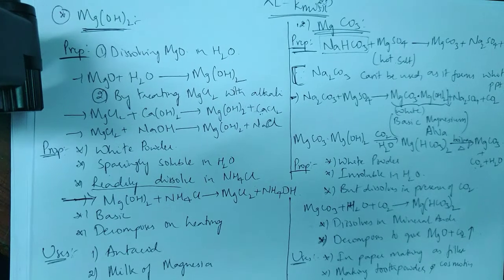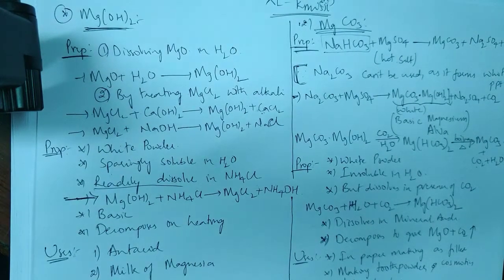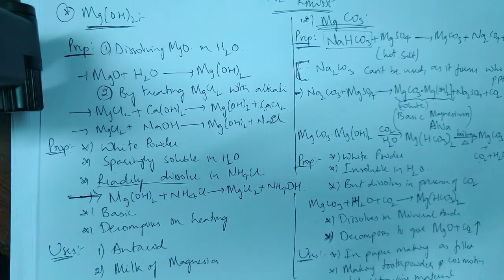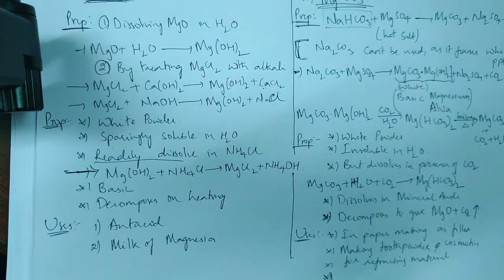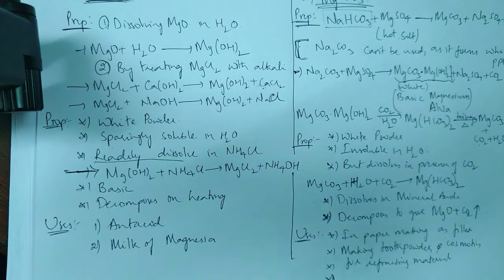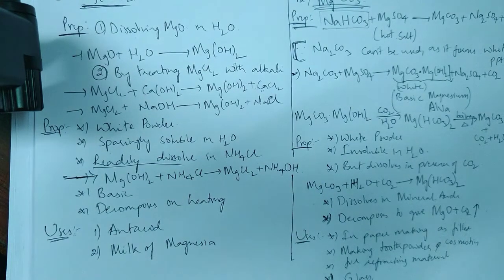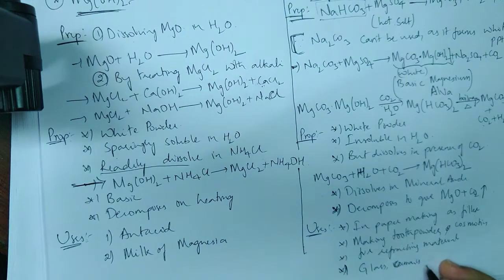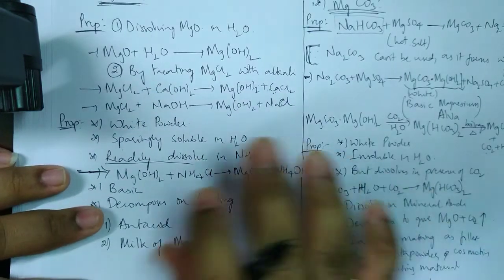Then they are also used as refractory material. In furnaces we use refractory material. Why? Because it has a very high melting point, just like magnesium oxide, and it can hold great heat also. It is also used for making glass, ceramics, etc. Fine. So this is what there is about magnesium carbonate and magnesium hydroxide.